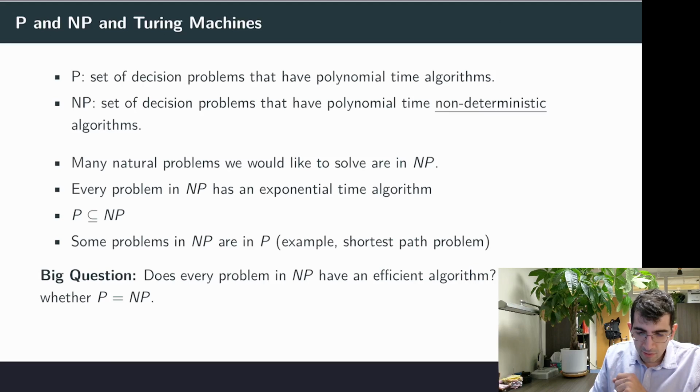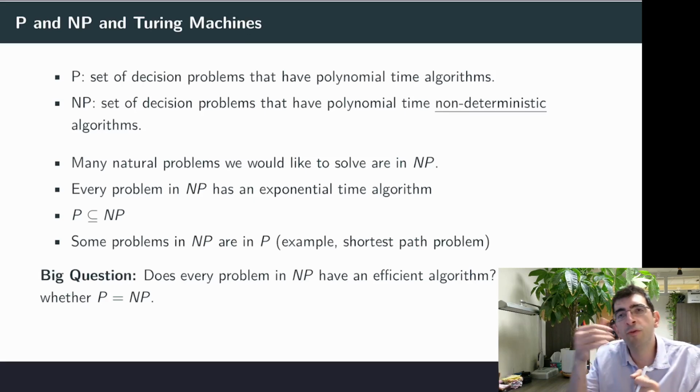Okay, so the big question is, do the problems in NP have efficient algorithms? That's another way of saying, does P equal NP? If a problem is in NP, we sort of figure that it doesn't have an efficient algorithm just because no one has shown it yet and people have been working on it for so long.